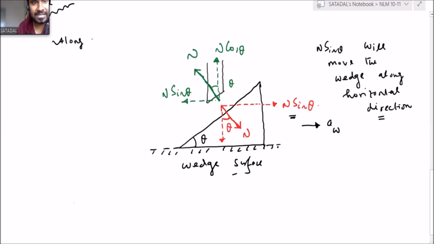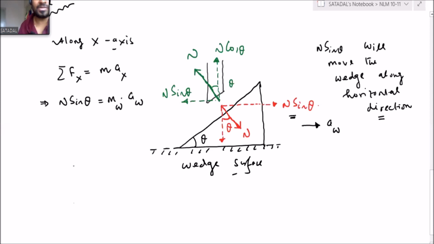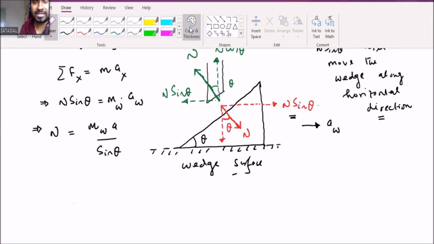So along the x-axis, I can write summation of Fx is equal to m into ax. So what is summation of Fx? Only one force acting, N sin theta, is equal to the mass of the wedge into the acceleration of the wedge. Right? So N is equal to how much is it coming? M_W A_W by sin theta. Clear or not? Please respond.